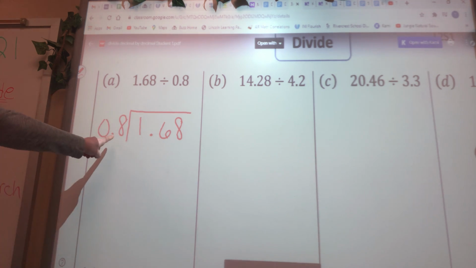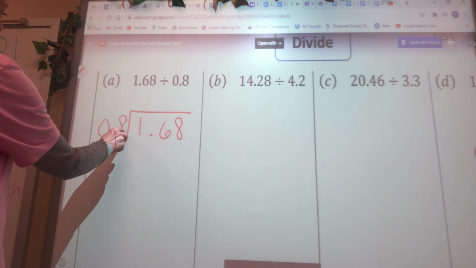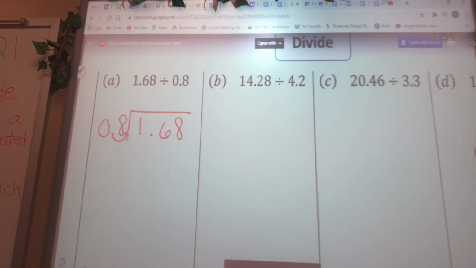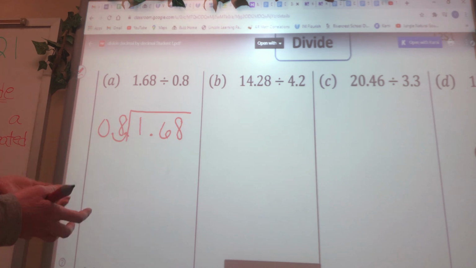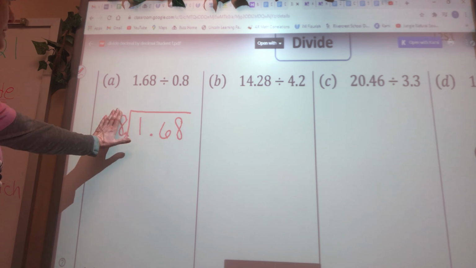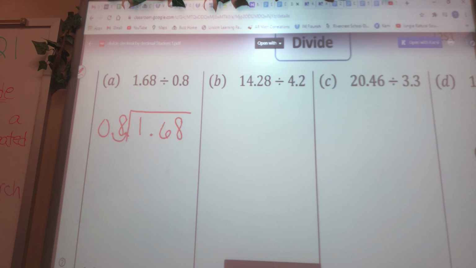In order for this to be a whole number, I would have to jump once and move the decimal here. That's taking away a multiple of 10. If I do that in my divisor, I also have to adjust my dividend by one multiple of 10.